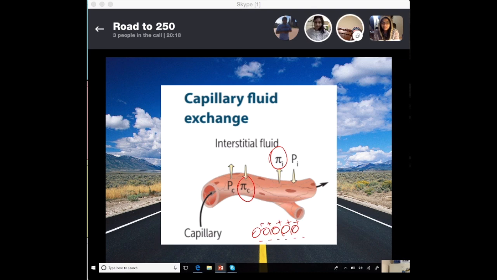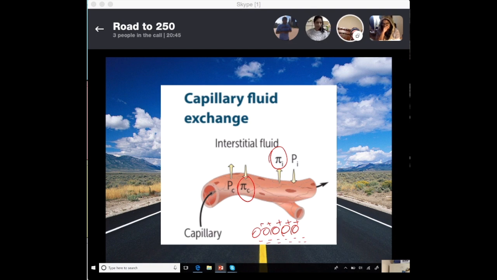So the negative charge is going to be on the inside, and the positive charge will be in the interstitial fluid. Or you can think of it as albumin is negative charge and the basement membrane is negative charge, and so they repel each other, so it can't leak out unless the whole podocyte stuff happens to allow leakage of protein.